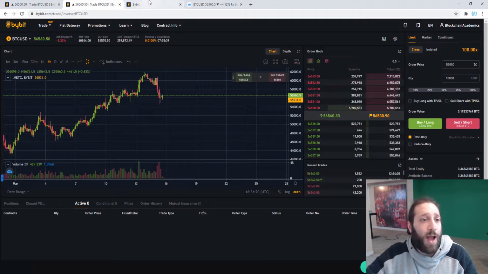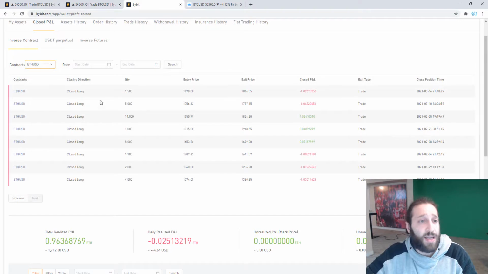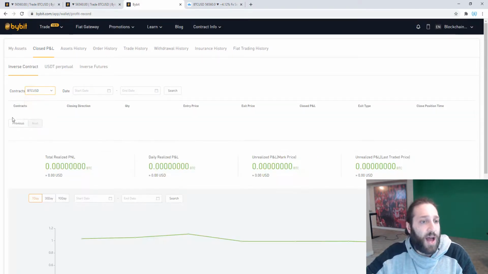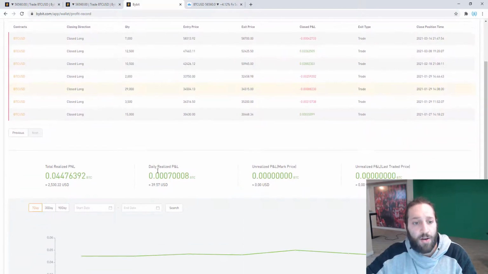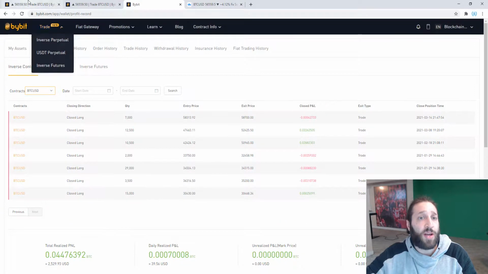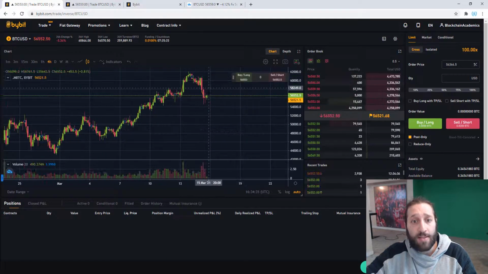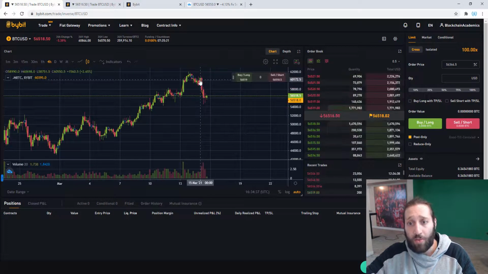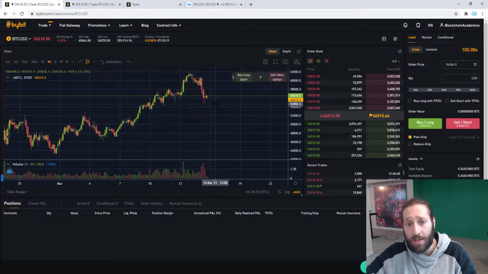And when you go into your back end, this is my second account, you can see how well you're doing. So on this account, I have total profit of 2,500, daily realized of $40 because I was in a trade and my stop loss saved me. I was thinking this price, market's going to come down a little bit.